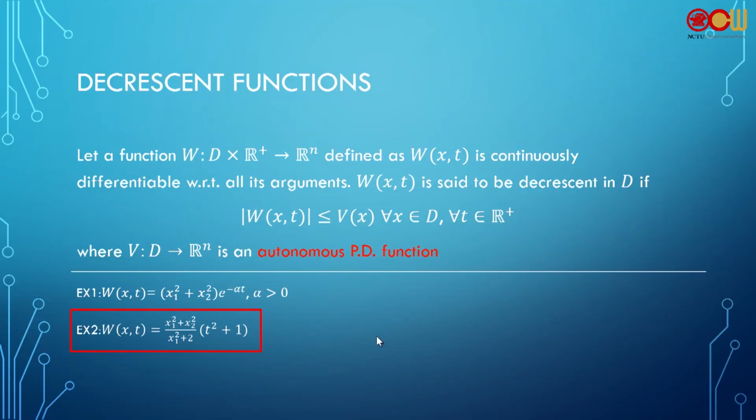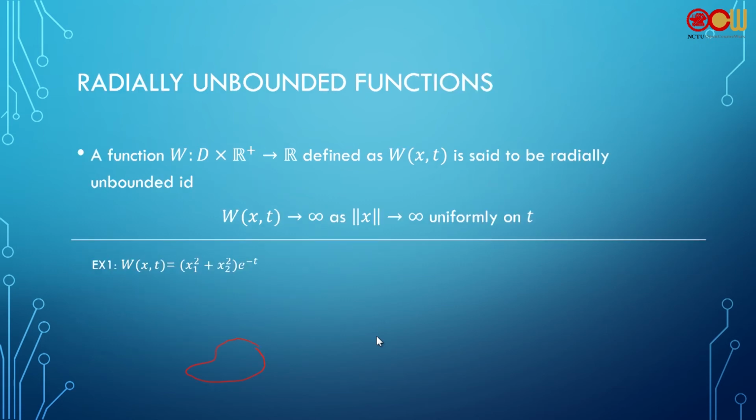Second example, can you find the V to show W is a decreasing function? No way. Okay, because it's t squared. You cannot find an upper bound of this that doesn't depend on time. Now, radially unbounded functions.